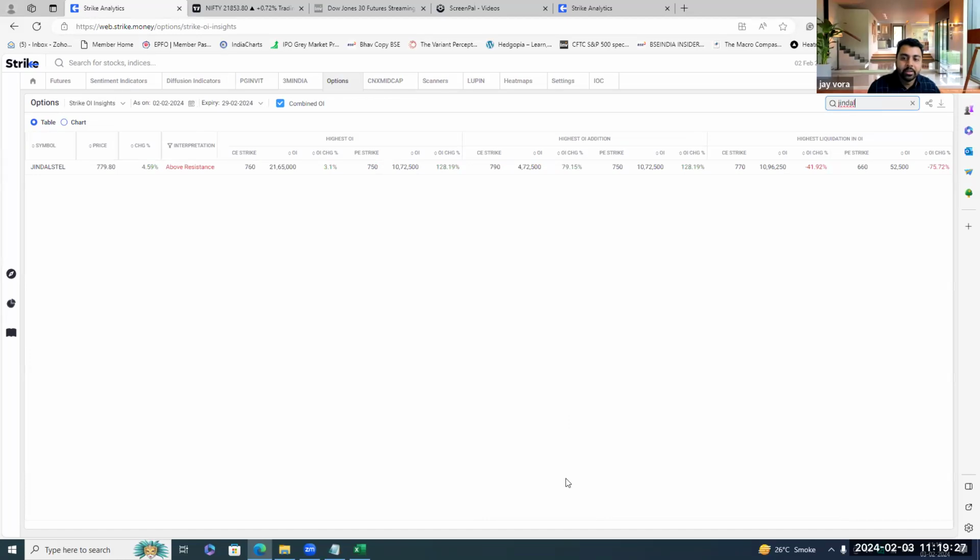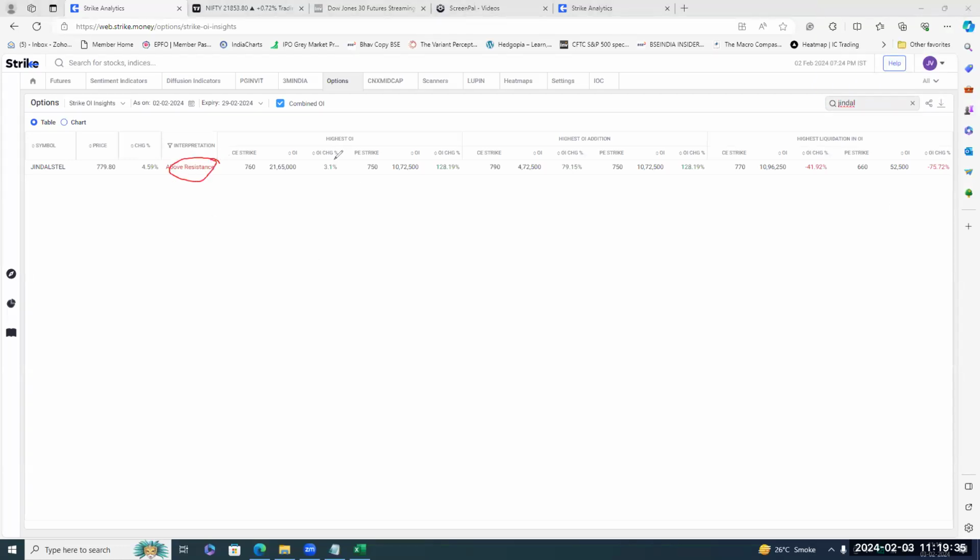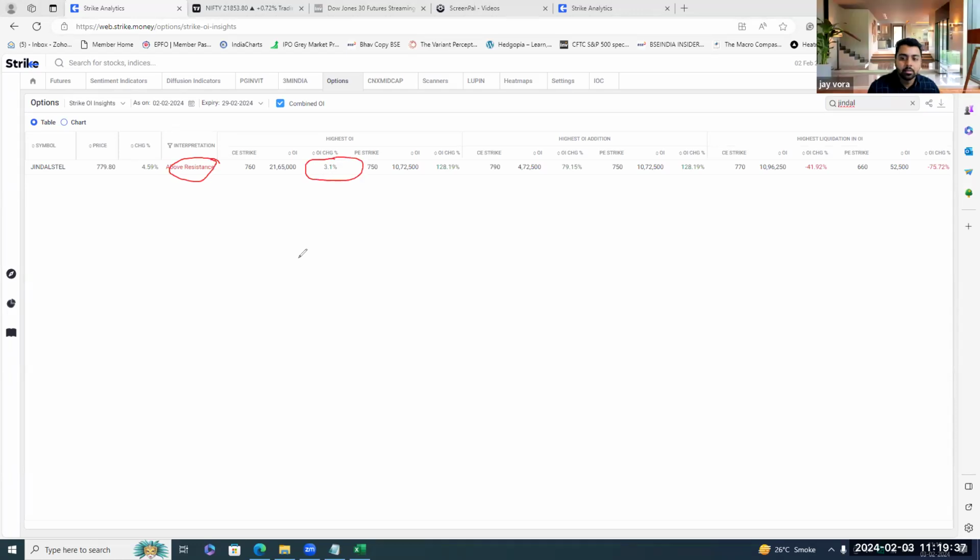See, what I was trying to tell over here is that the price is above the resistance, right? But if you see the OI chart, it is 760, you're saying? 760, correct. And over here, people are still not in a mood to unwind the call option, which means I have to monitor what Jindal Steel is doing tomorrow, I mean on Monday.